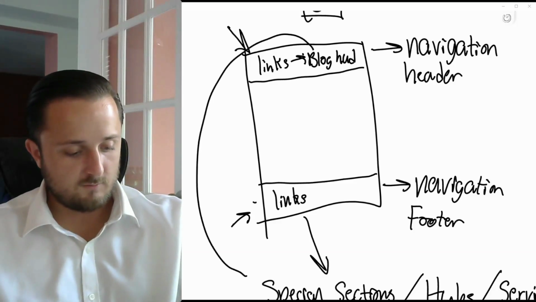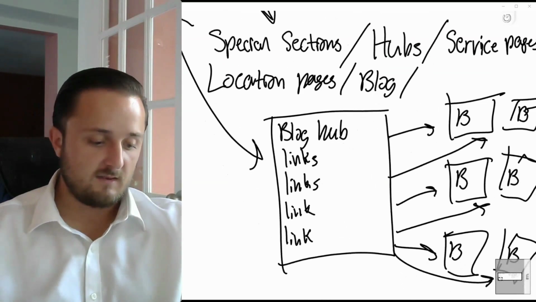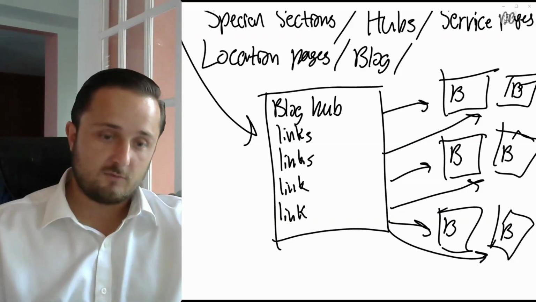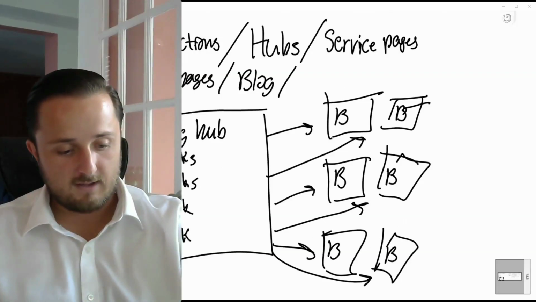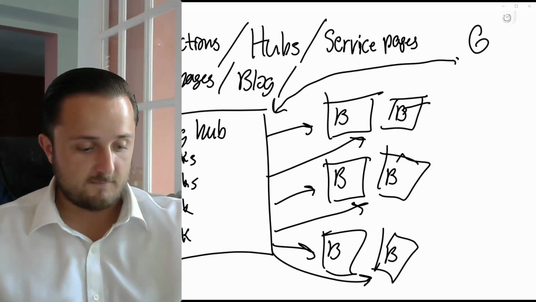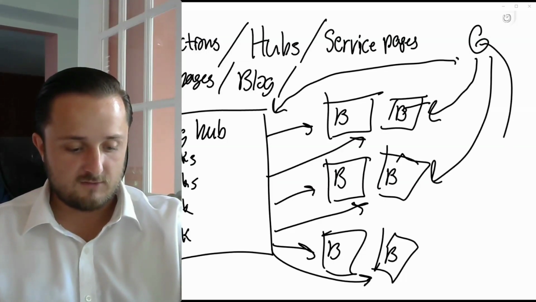It will follow it, right? They'll follow that link. And then from our home page to our blog hub, we'll have all the links going to our individual blogs. So then Google can come by and find all of these from our blog hub, and then it will go and crawl these all individually.